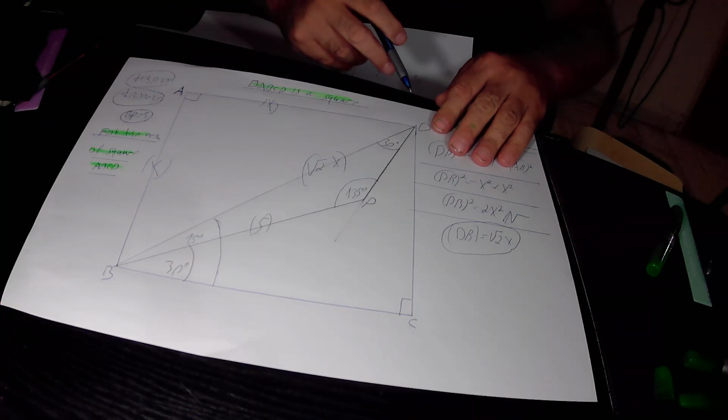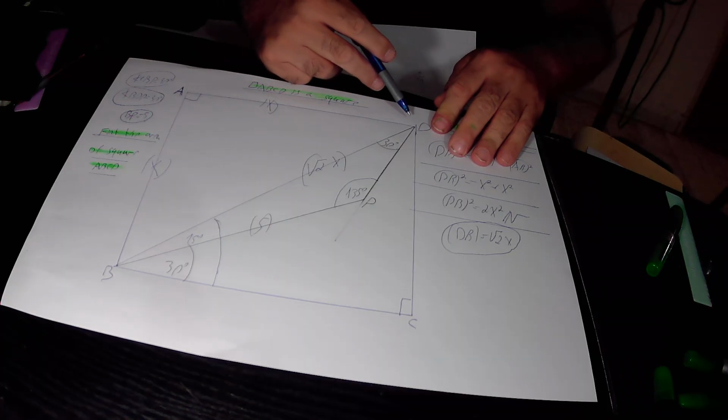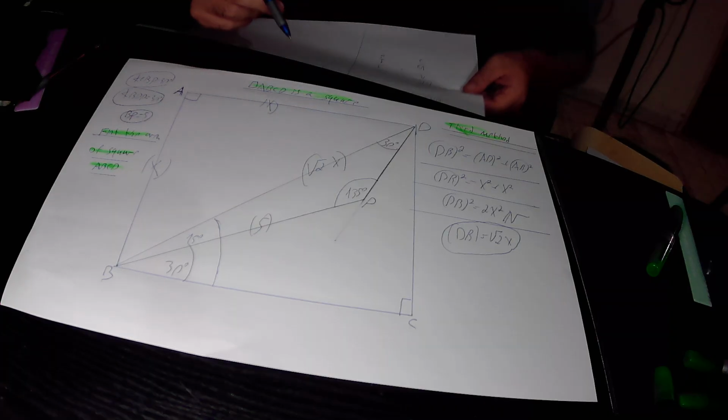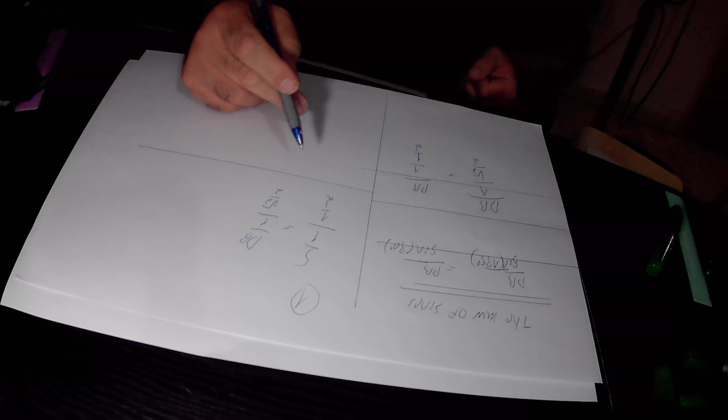We already found out that the segment dB equals the square root of 2 times x, so we substitute dB by square root of 2 times x.